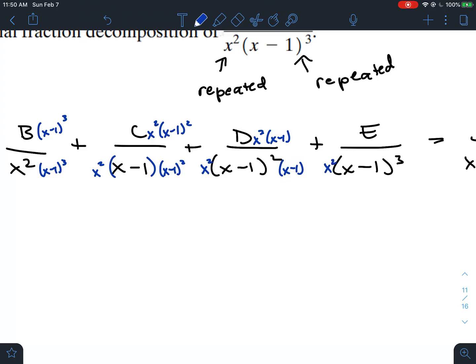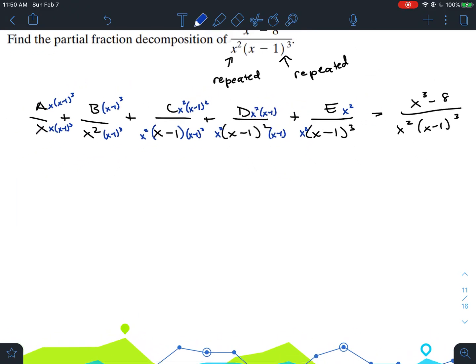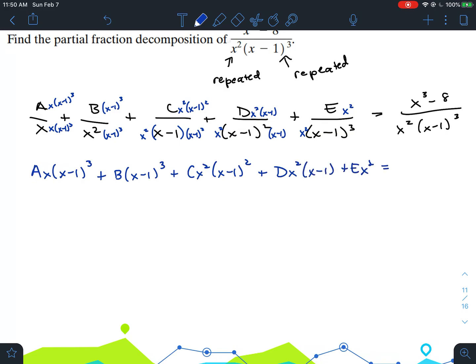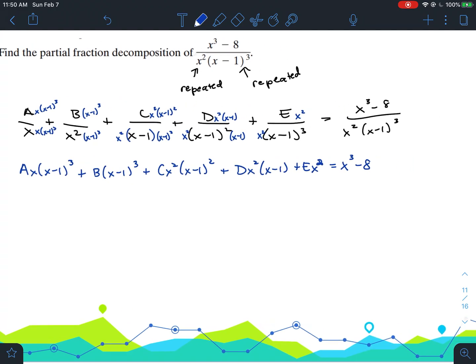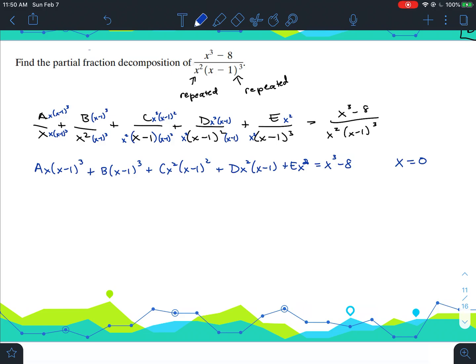And then the E is missing the x squared. So now I have Ax times x minus 1 cubed plus B times x minus 1 cubed plus Cx squared times x minus 1 squared plus Dx squared times x minus 1 plus Ex squared equals x cubed minus 8.